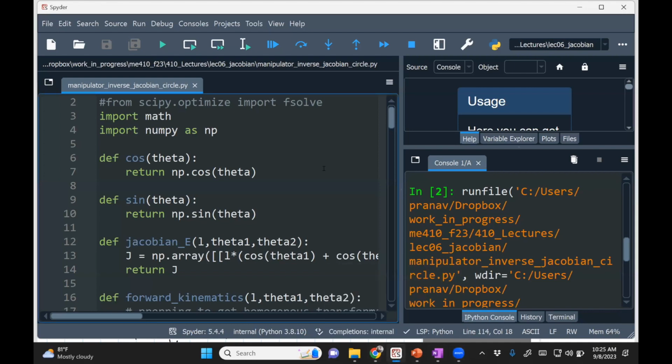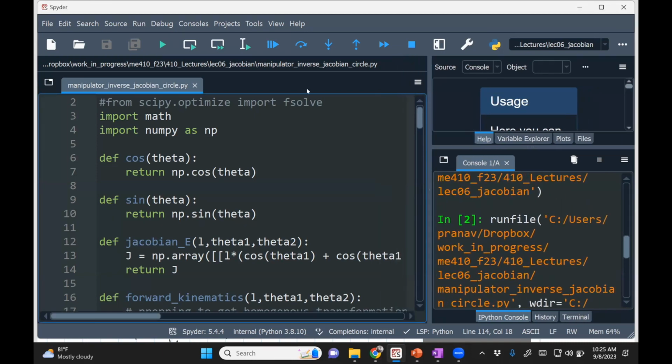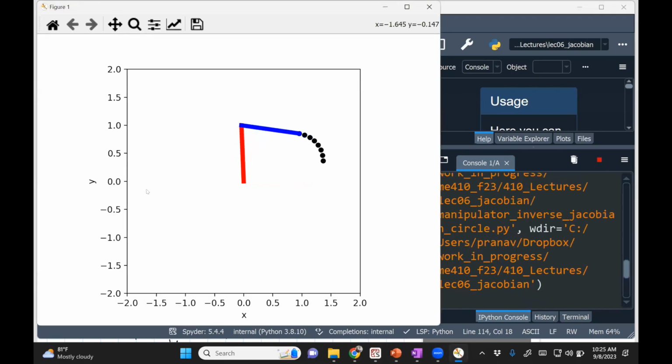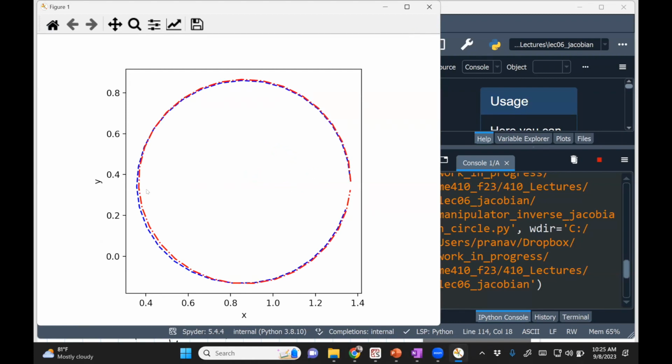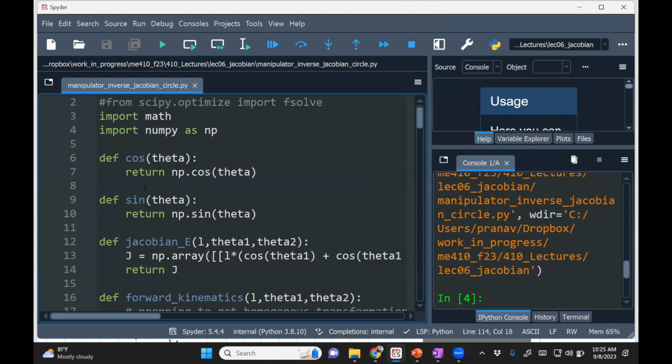Can you see it now? Okay, perfect. Okay, let's run this code. And it's going to draw just a circle using the two links. Okay, and so that's the red is the actual, and then the blue, I think, is reference.